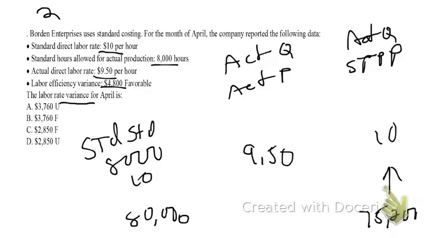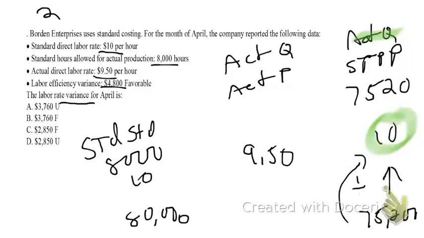Now since I know that the rate is $10 an hour, I can figure out the actual hours worked, which will be 75,200 divided by 10, or 7,520 hours. So now I can take the 7,520 hours and multiply by that $9.50 an hour, and I'll get 71,440.